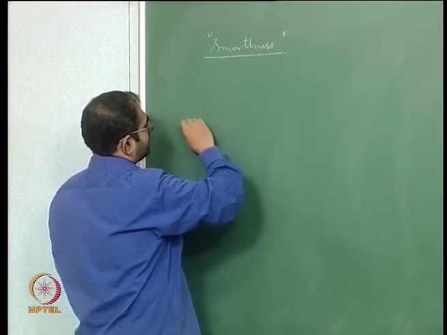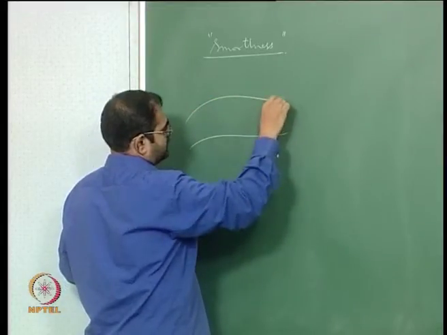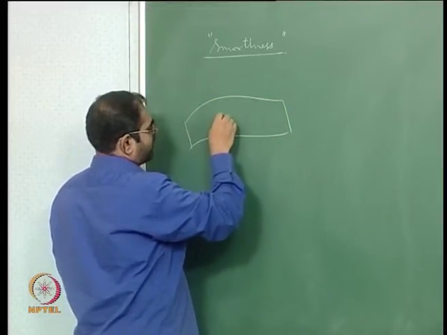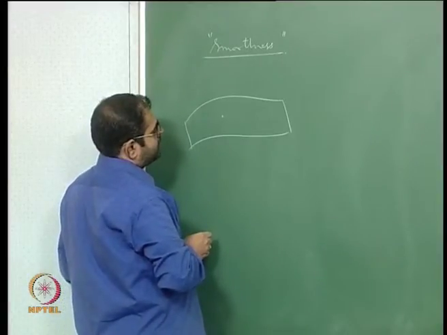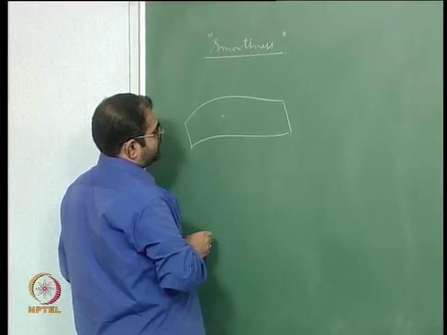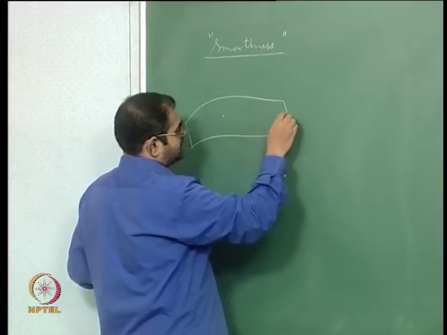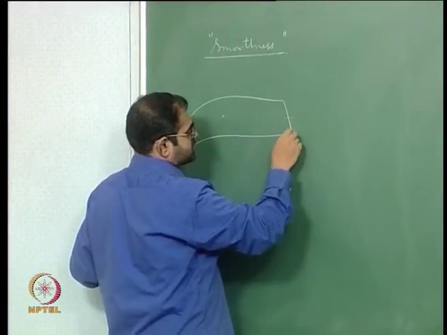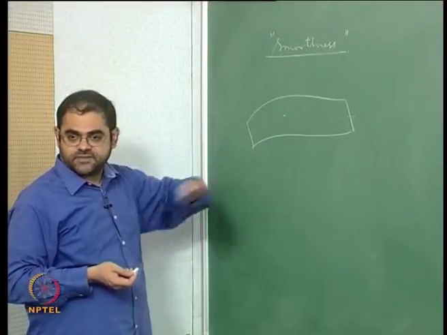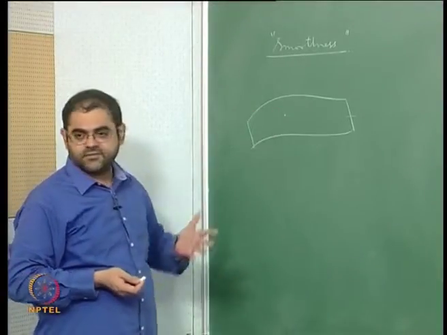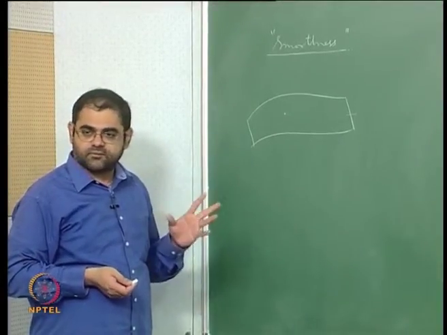If you take a surface and you take a point on the surface, suppose you are looking at the usual topology, and you are in Euclidean space and you look at a surface, for example the surface of a sphere or the surface of a cylinder or whatever it is.